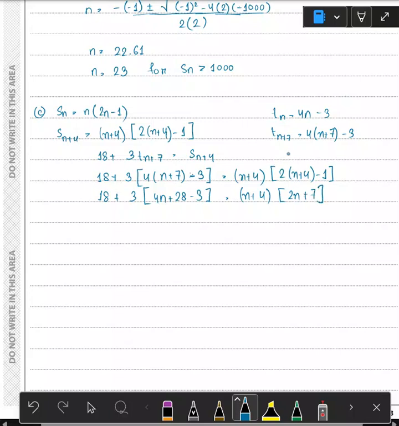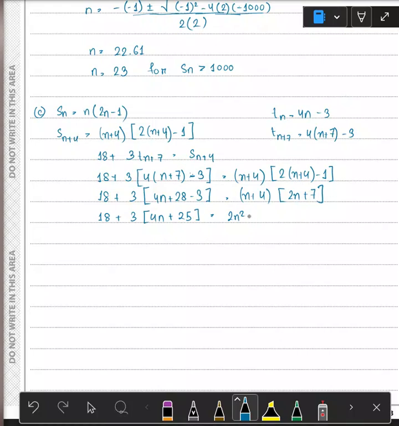What I did here is 2 multiplied by 4 is 8, and there is a minus 1 after that, so 8 minus 1 is 7. Next, 18 plus 3 bracket 4n plus 25 is equal to 2n square. So n multiplied by 2n is 2n square, plus n multiplied by 7 is 7n, plus 4 multiplied by 2n is 8n, plus 7 fours are 28, right?